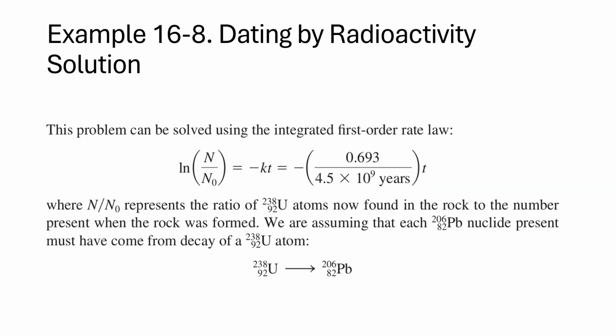So we solve this formula. We use the integrated first order rate law again. To find k, you have t1/2 equal to 0.693 over k. And then you basically switch that. So you know the half-life.